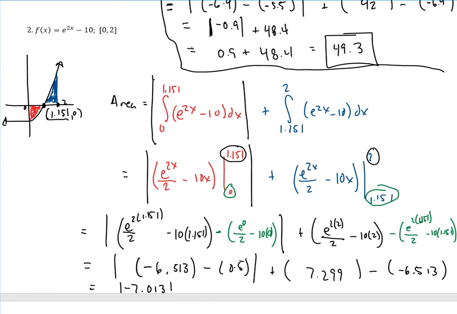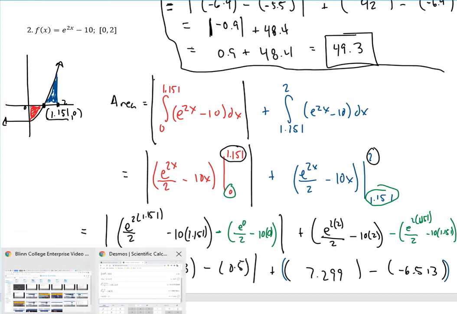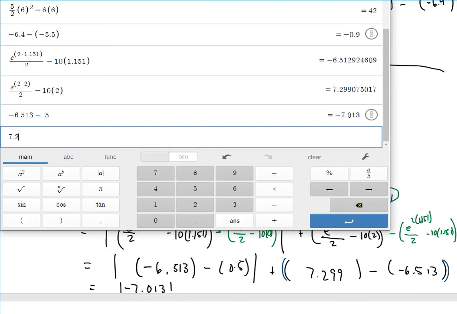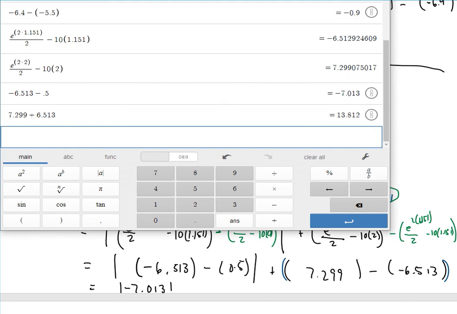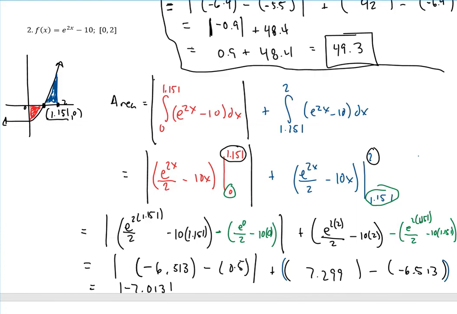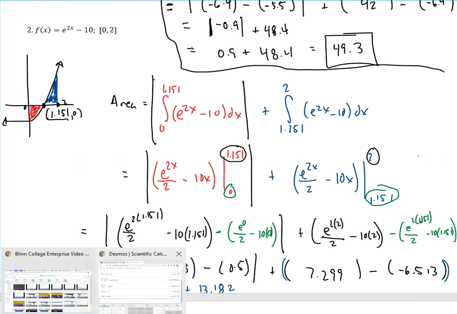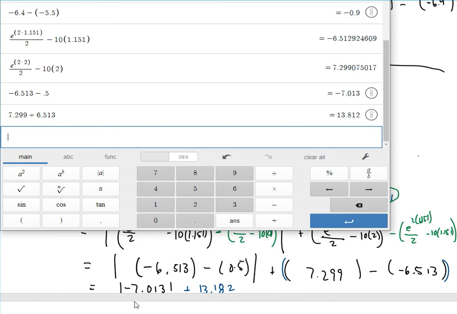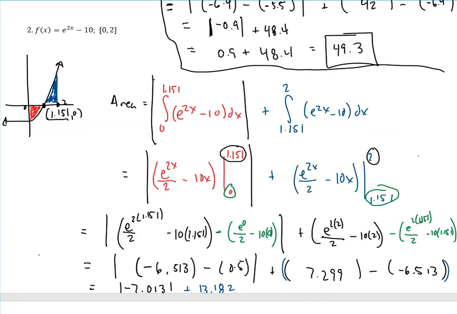And then these ones I'm going to just go ahead and add together as well. So it's 7.299 minus a negative, let's just say plus 6.513. And we get 13.812. Let me make sure I wrote that right. 13.812. I keep mixing those up, huh? Okay, so 13.812.